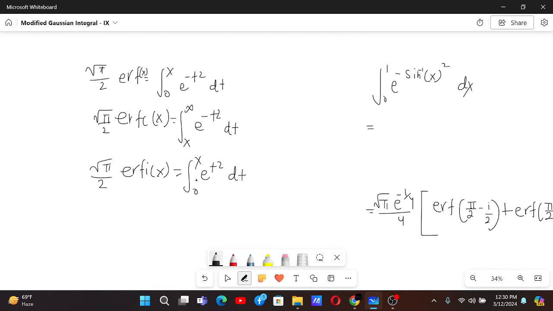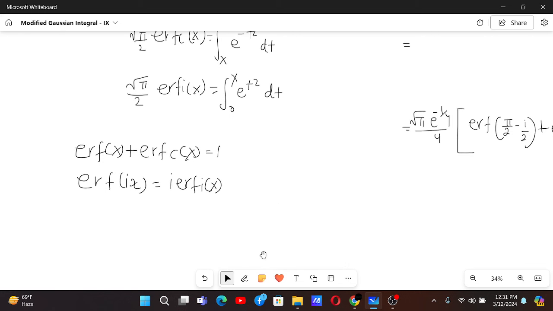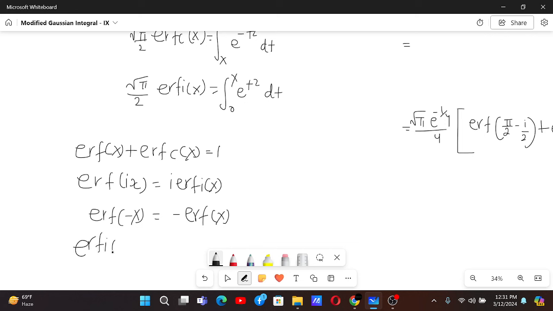Okay, and using this, you can basically derive that erf of x plus erfc of x equals 1, this formula, and erf of ix equals i times erfi of x, this formula, and then erf of minus x equals minus erf of x, this formula, and erfi of minus x equals minus erfi of x, this formula.